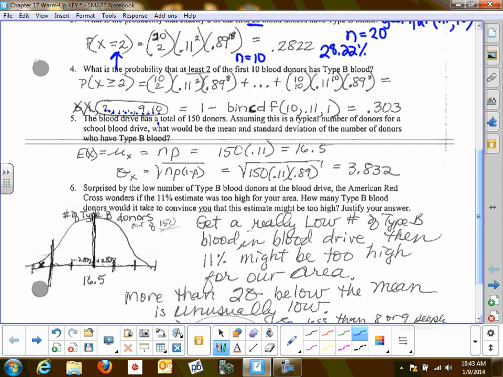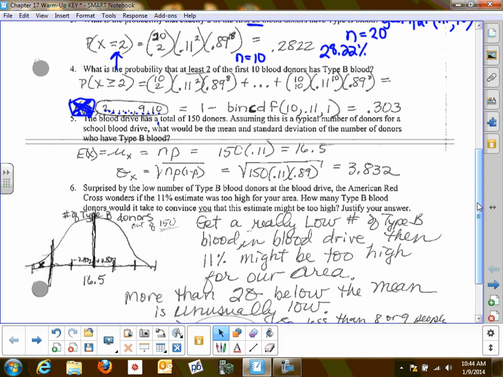So our calculator can accumulate the 0 and the 1, and that's the binomial cumulative up to and including 1, because this is what I don't want. If the calculator is accumulating what you don't want, that's when you are doing the 1 minus. Let me say that again.